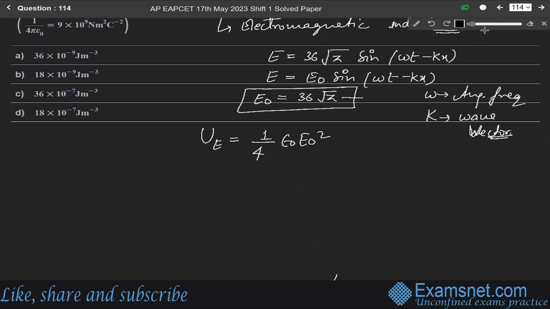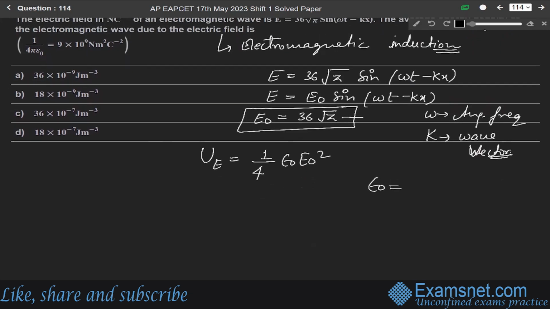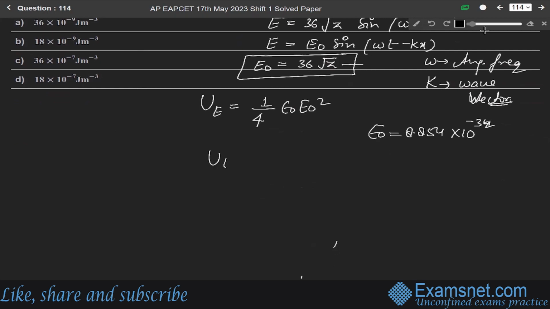Its value is 8.854 into 10 to the power minus 12 Newton per coulomb square. So UE will be equal to 1 over 4 into epsilon naught into E naught square, and E naught square means (36 root pi) whole square.